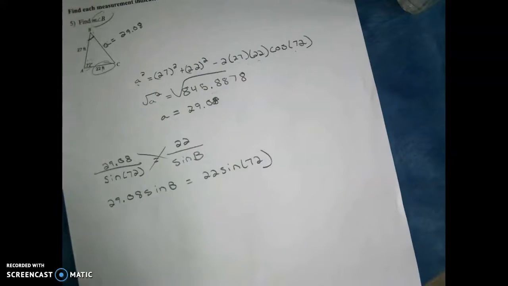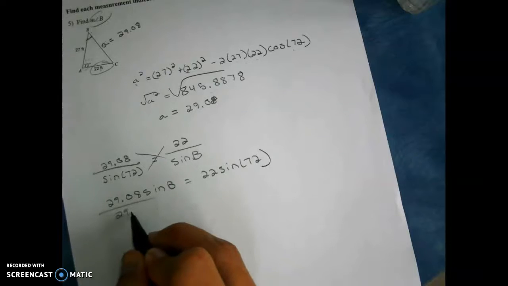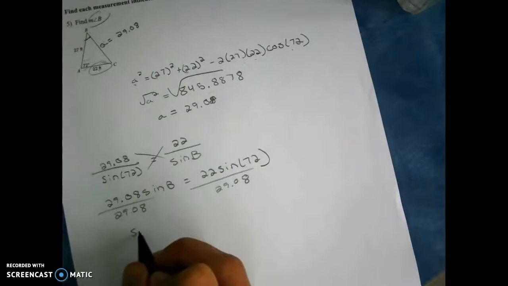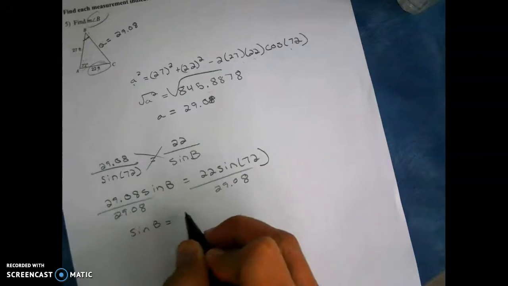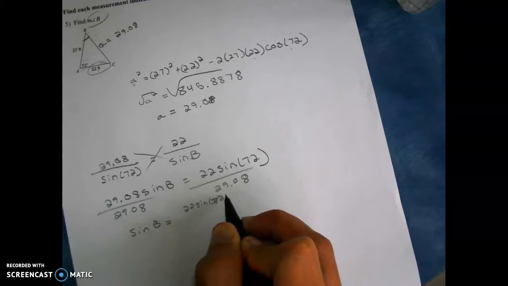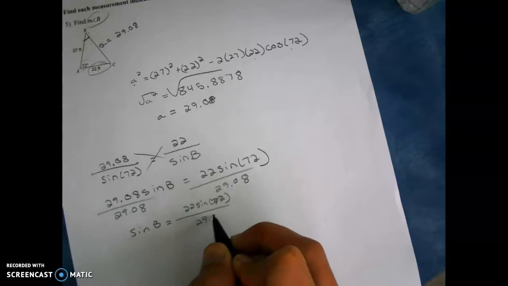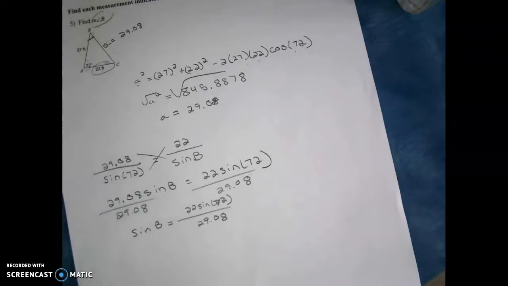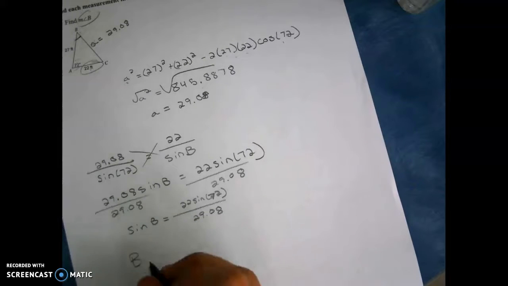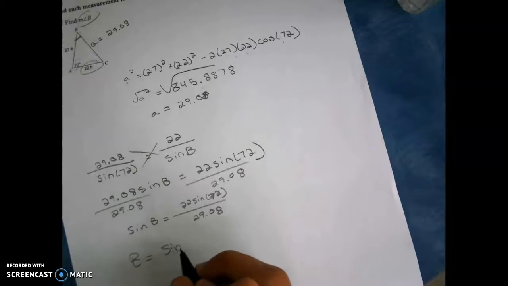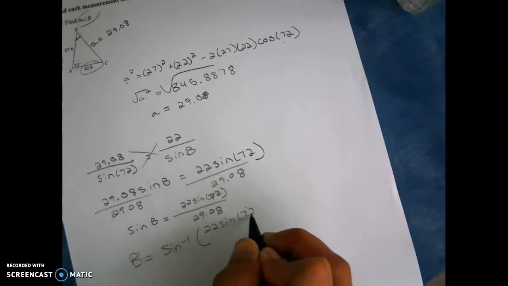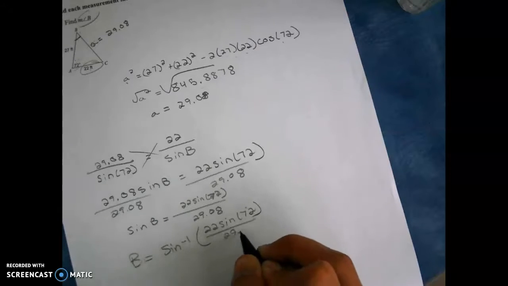I'm trying to get B by itself, so I'm going to divide by 29.08. I get sine of B is equal to 22 times the sine of 72 over 29.08. B is still not by itself, so now I need to take the inverse sine. So B is equal to the inverse sine of 22 times the sine of 72 divided by 29.08.